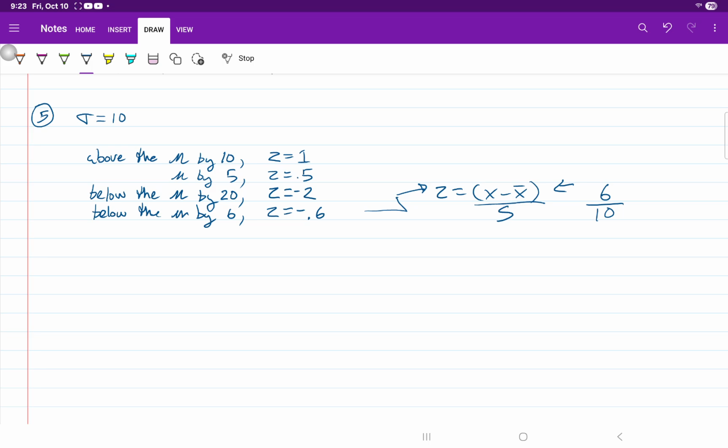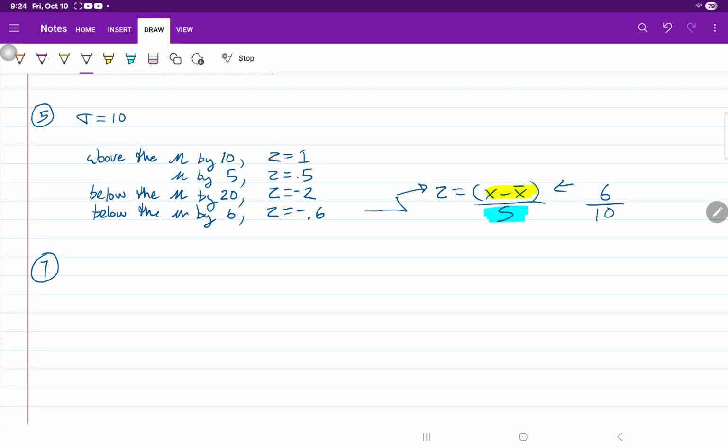So the z-score would be 1. The idea here is simply to understand that a z-score represents a difference, that's the top part, in standard deviation terms, that's the bottom part. Okay, let's move on now to number 7.